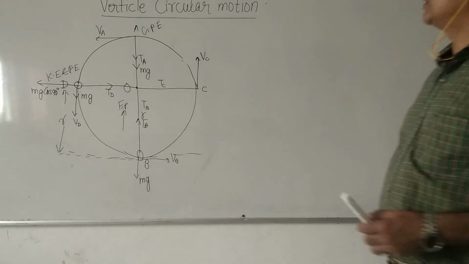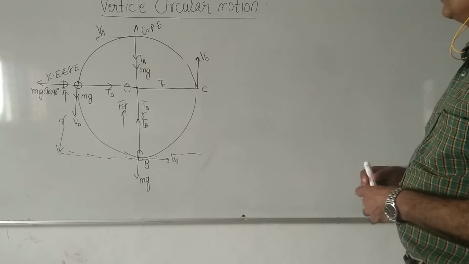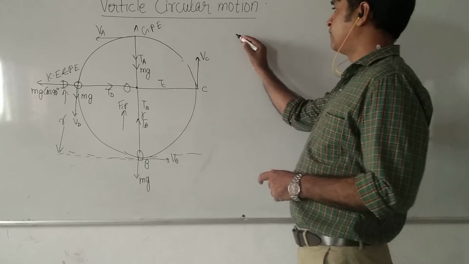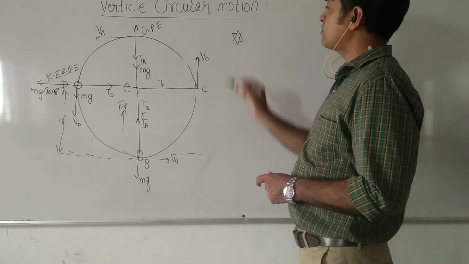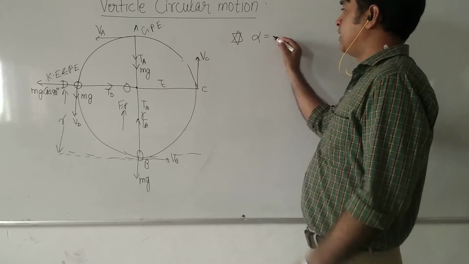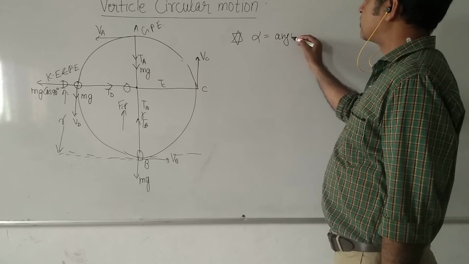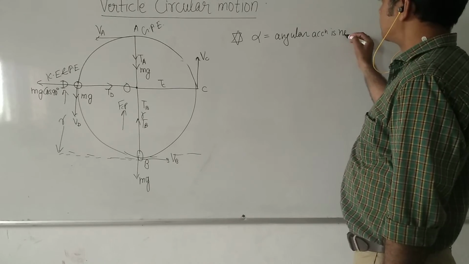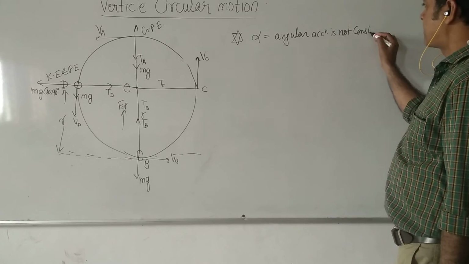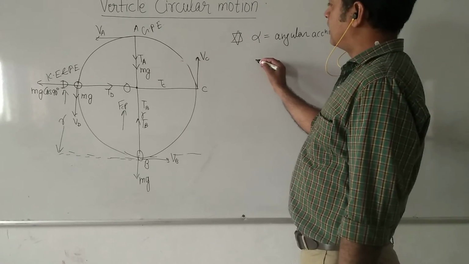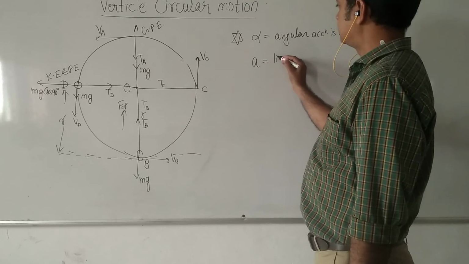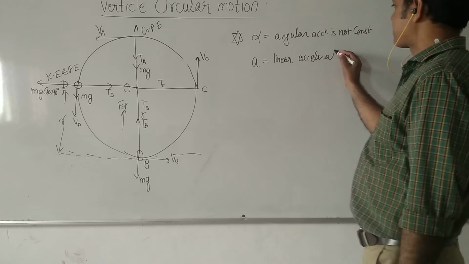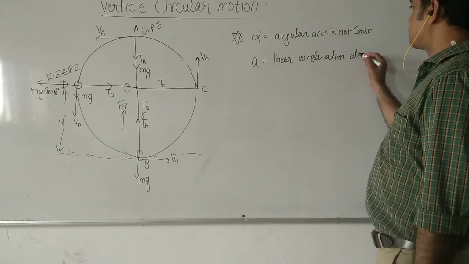In the vertical circular motion, there are some important points. First point is alpha, meaning angular acceleration is not constant. Linear acceleration is also not constant.